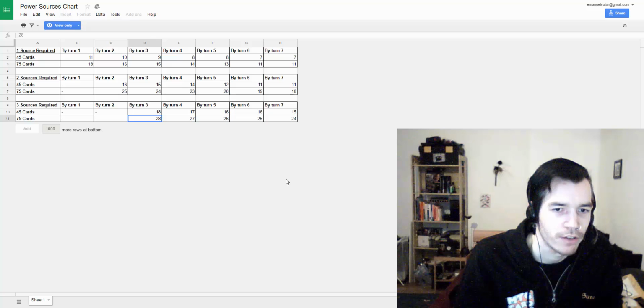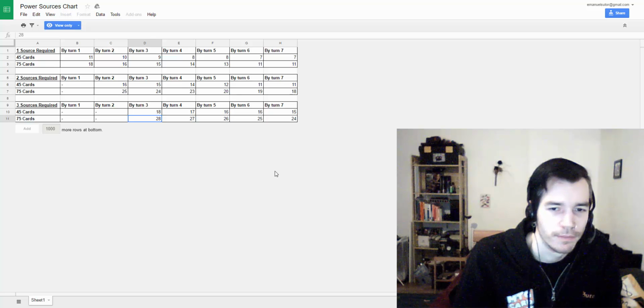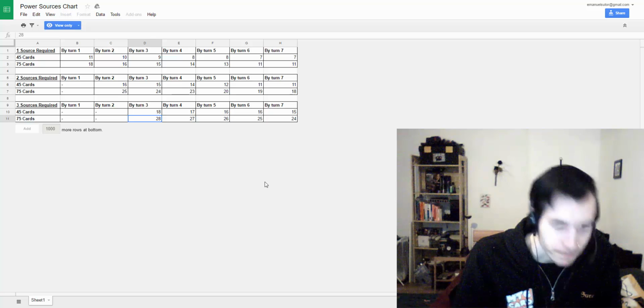Because if you run too many, you risk crippling your early game too much. Especially because of the redraw mechanic, since the monuments count for your redraw, so you risk redrawing into too many hands with too many monuments early. So that's something to keep in mind.